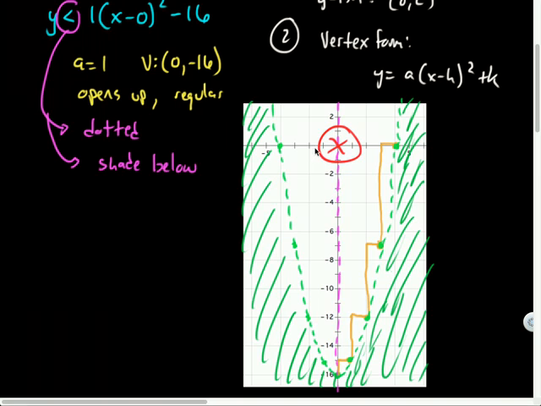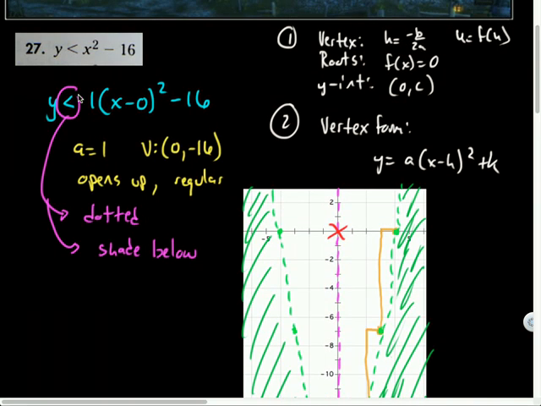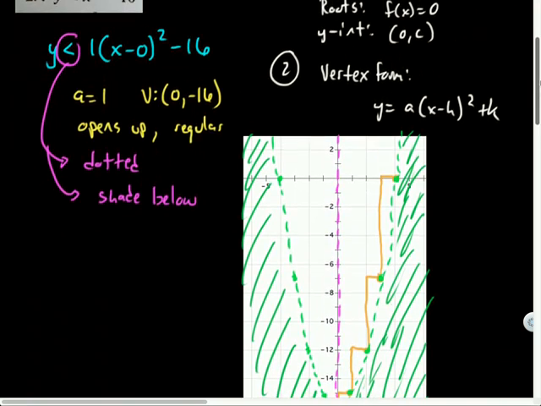Do I expect that this point is going to be true for my inequality? No, because it's in the non-shaded region. But let's see, 0 squared is 0. 0 minus 16 is negative 16. If I plugged in 0 for y as well, is 0 less than negative 16? No, and I wasn't expecting it to be. So that means I shaded in the correct location. So there you go. So that's the idea.